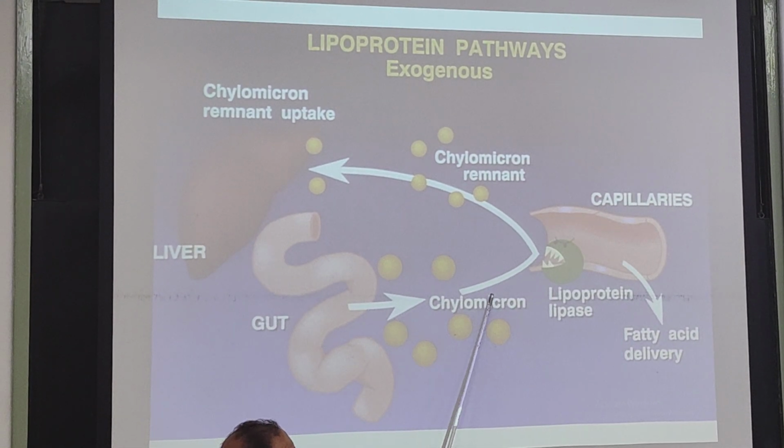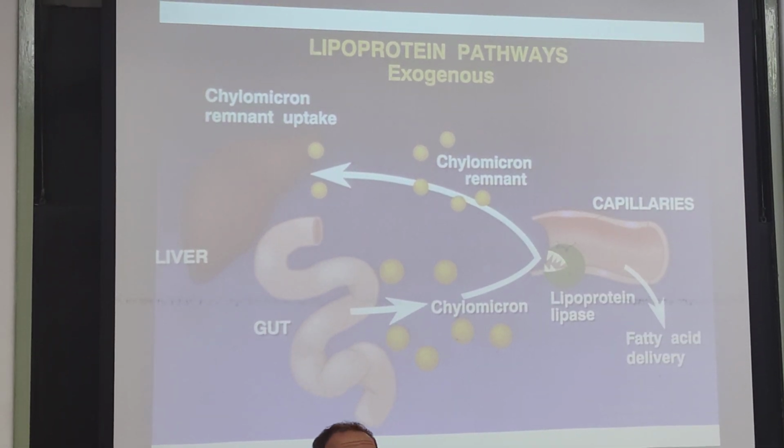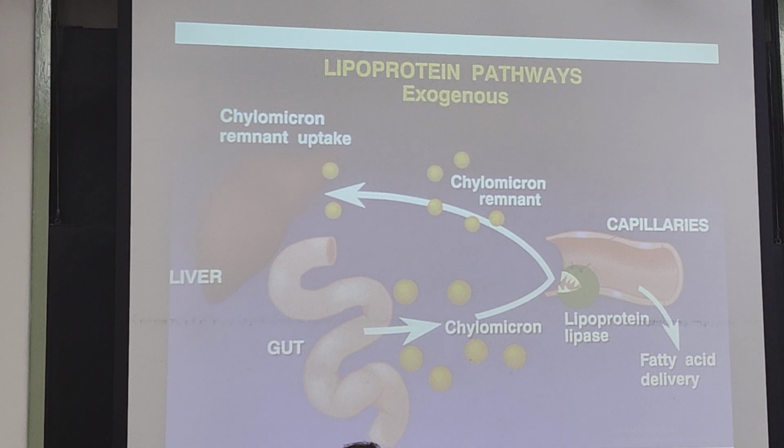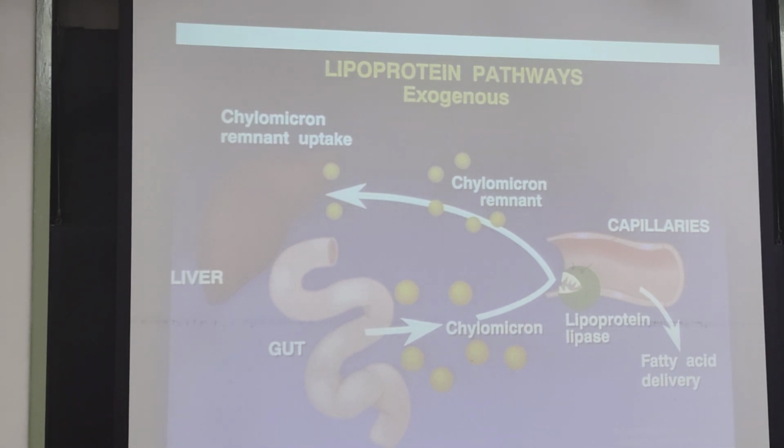Then in the blood they receive apoprotein C2 and E from HDL and convert from nascent to mature chylomicron. Because they have ApoC2, lipoprotein lipase, this guy with his teeth, is happy because it becomes activated and can digest mature chylomicron.